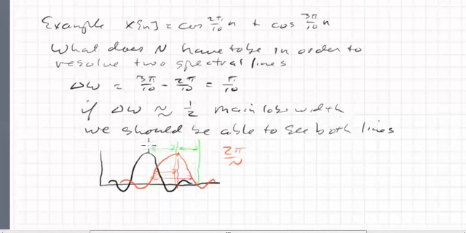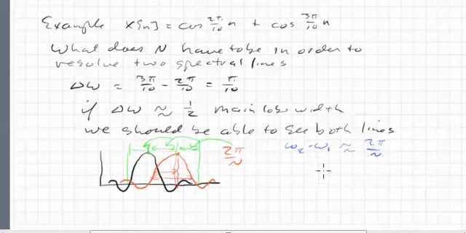Those are all 2 pi over n. Okay, so we need omega 2 minus omega 1 approximately equal to 2 pi over n.